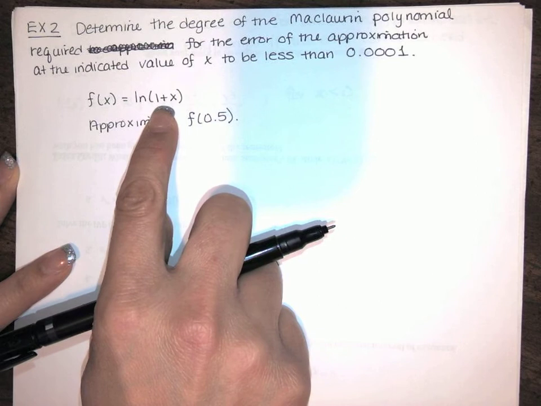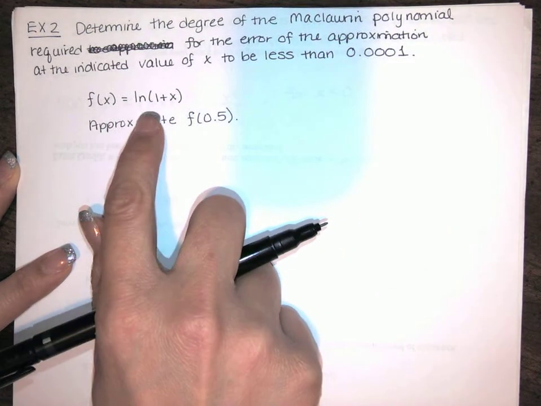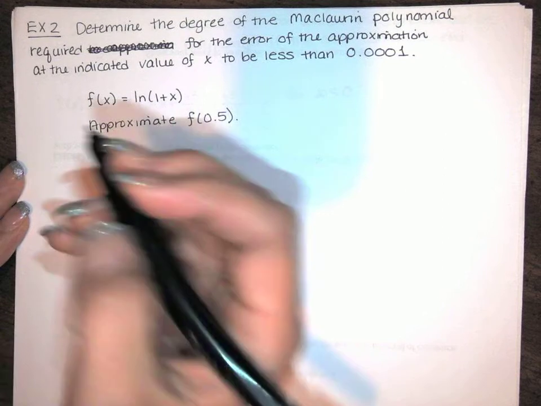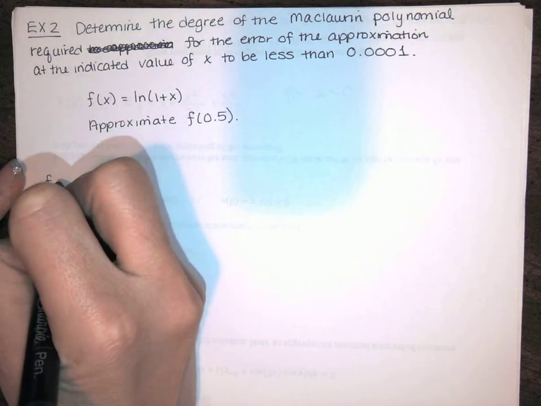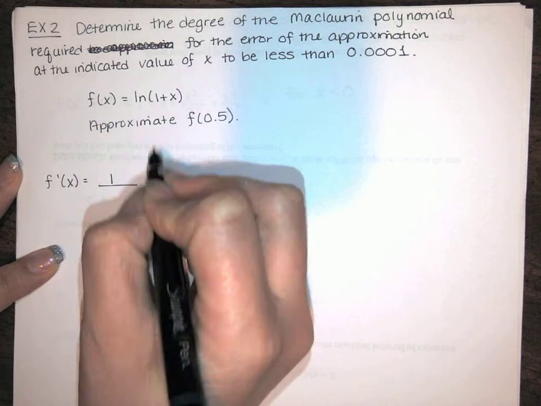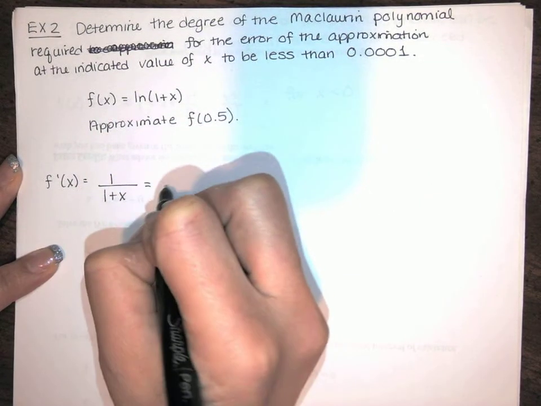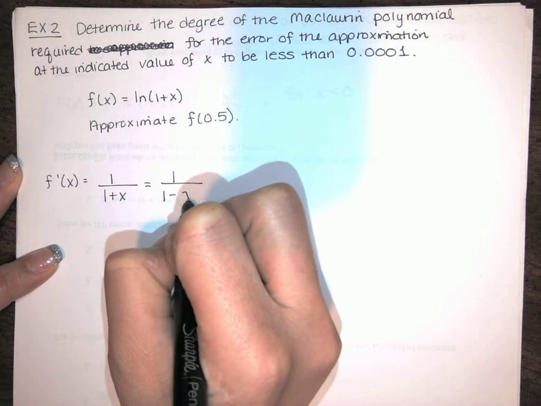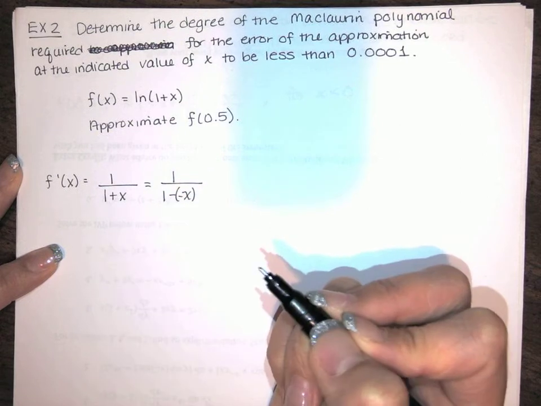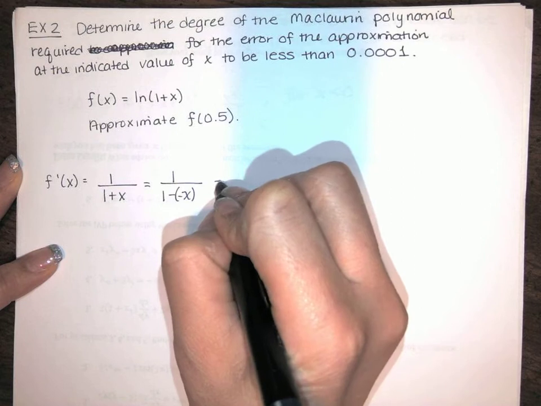So I think it would make sense to, since we're asked to find the Maclaurin polynomial, let's find the Maclaurin series for this function. First of all, I notice that the derivative of natural log of 1 plus x is 1 over 1 plus x. And that is a function that can be represented by a geometric power series.